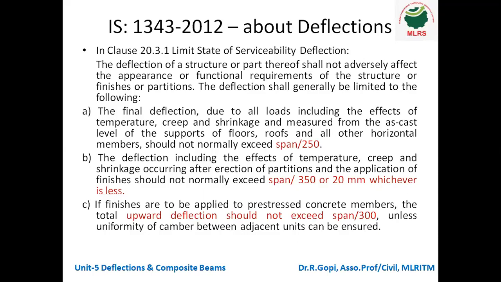These are the three important parameters the IS 1343 code specifies. The first point is very important, and we will mainly use it in our problems. The maximum permissible limit of deflection in the case of a precast concrete member is span by 250.